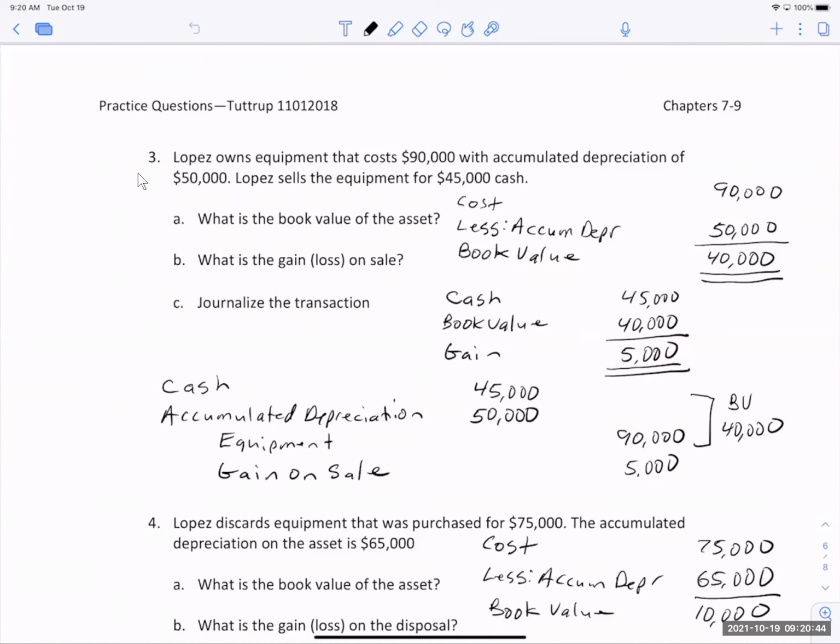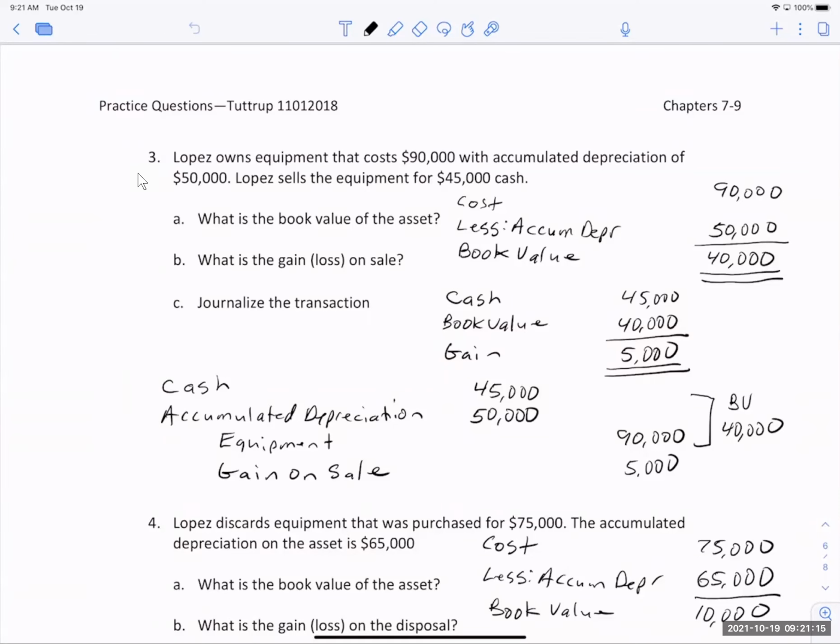What we're about ready to do is dispose of equipment, or sell the equipment. Now, when we dispose of or sell equipment that has a book value, in other words, there's still book value on the balance sheet and you're getting rid of it, that could cause a loss on disposal, or a loss on sale, or a gain on sale.